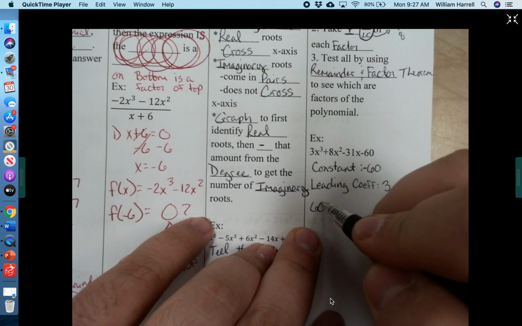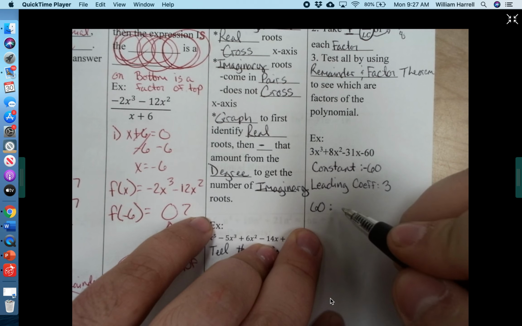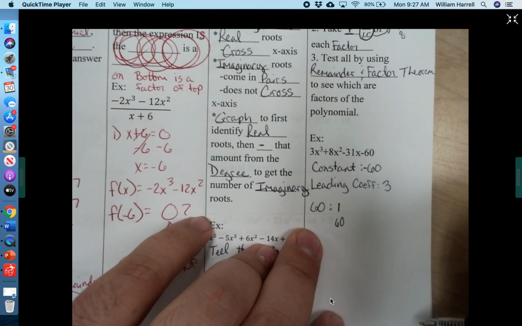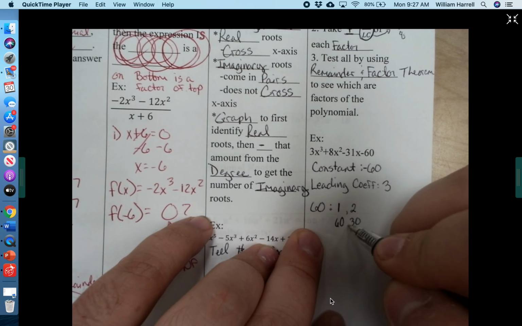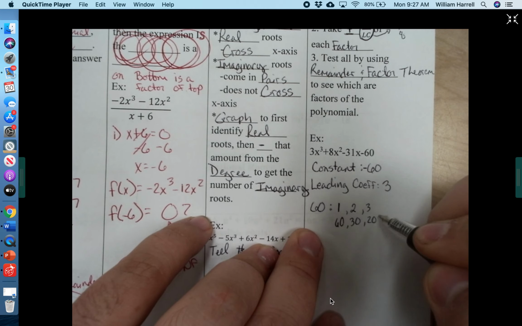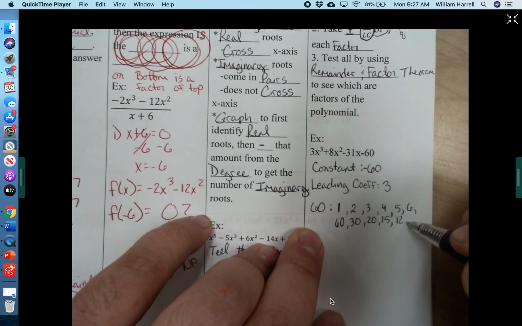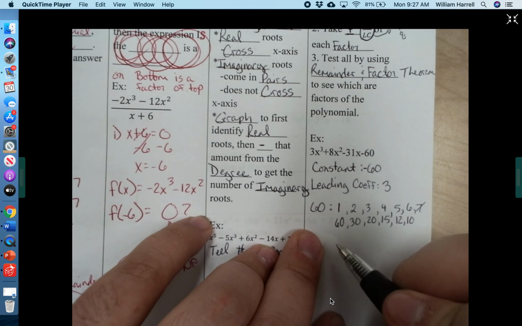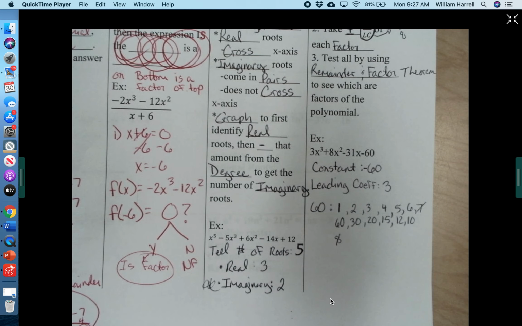So, 60. What I like to do, when I was coming up in math, my teachers would make me start with 1, and then I would put the number that paired up with it on the bottom, then I just run through 2 and 30, 3 and 20, 4, 15, 5, 12, 6, 10, 7 doesn't work, 8 doesn't work, and now I know to stop.